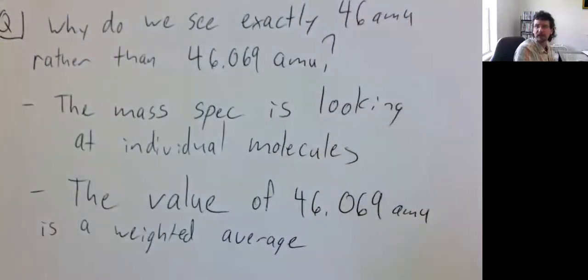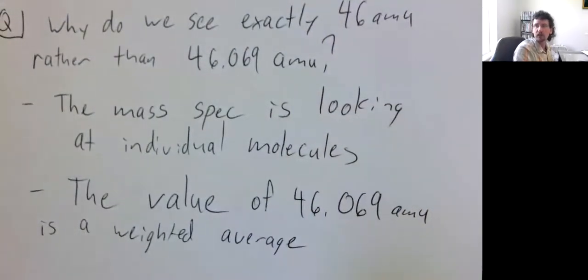And what it does is it considers the percentage of all the different isotopes that make up this compound and the relative abundance of them. And it's a summation of that average value rather than looking at an individual molecule. So keep that in mind when you conduct this next lab.